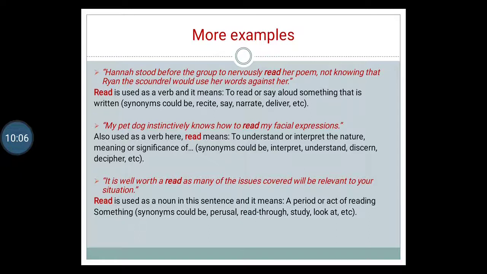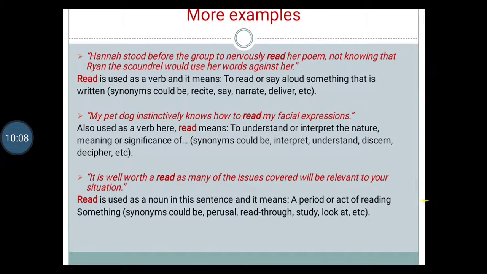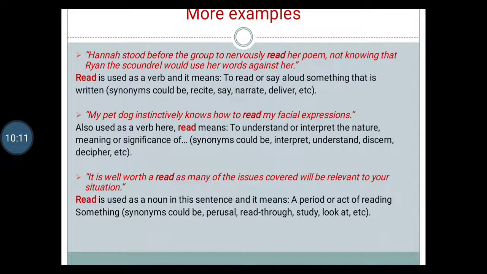Anna stood before the group to nervously read her poem, not knowing that Ryan, the scoundrel, would use her words against her. Now, read here means something different from what we saw in the earlier sentence. Here, read is also a verb and it means to read or say aloud something that is written.